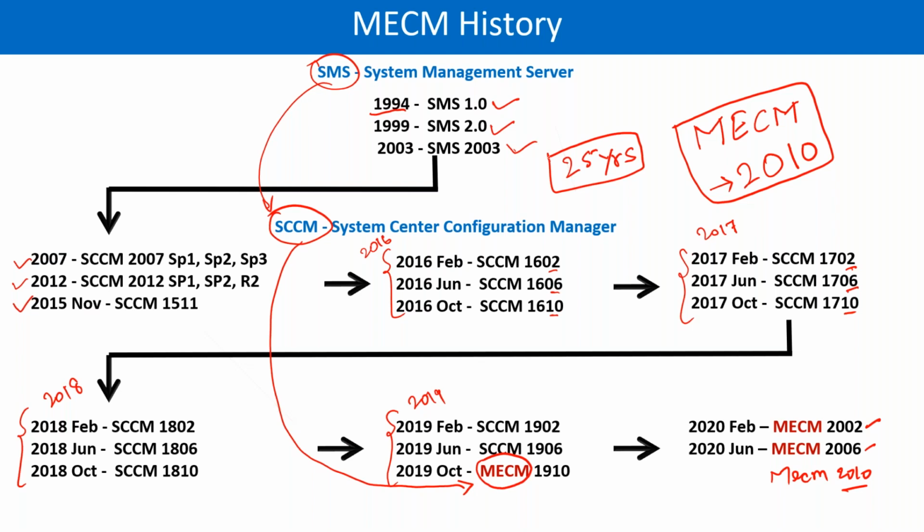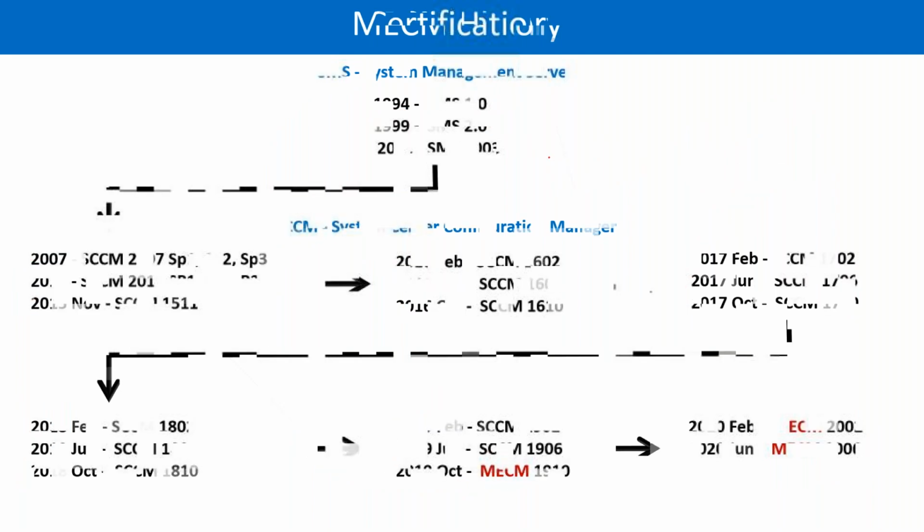So it's a matured product, and thousands and thousands of companies all over the globe have implemented this. Millions of devices are being managed by this one. SCCM is basically an enterprise device management solution. So suppose you have SCCM here, right?